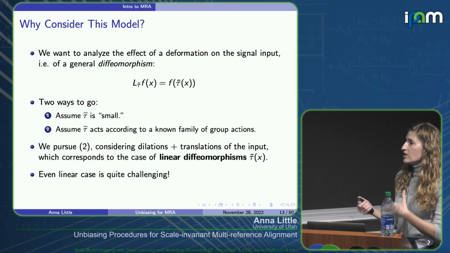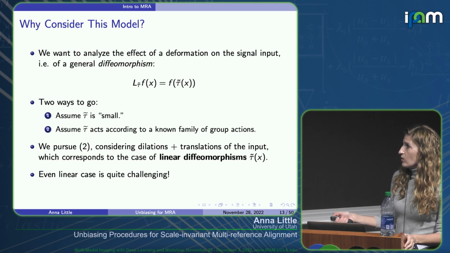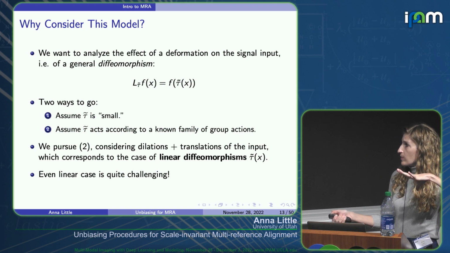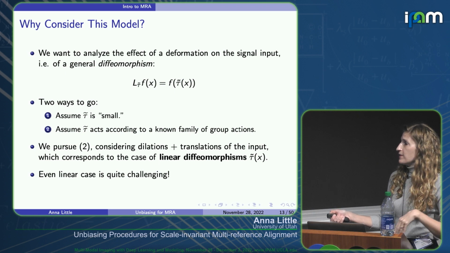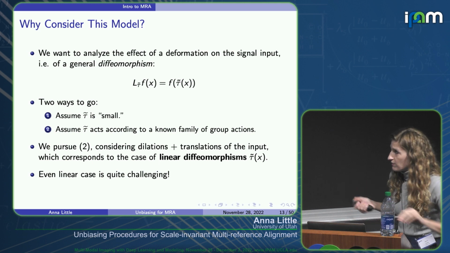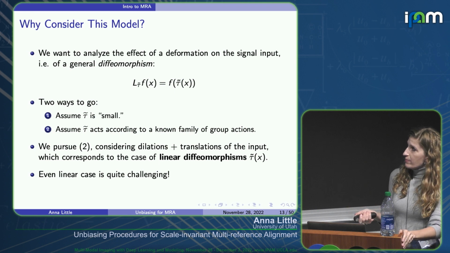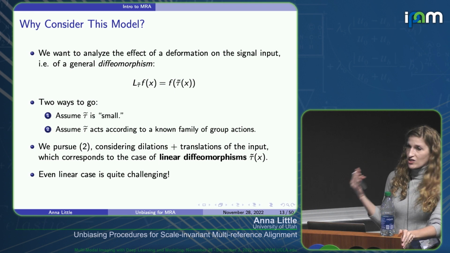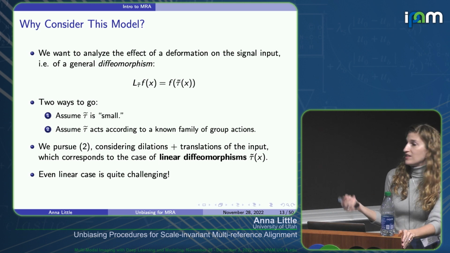So we are interested in more general diffeomorphisms, where we have an operator which acts on a function f by deforming the input. More generally, we're interested in f of tau tilde of x, where this tau tilde is some deformation of the input. This is really what we're interested in, but analyzing this in the generic case is hard. It is quite a hard problem if you don't know what's occurring with these deformations.